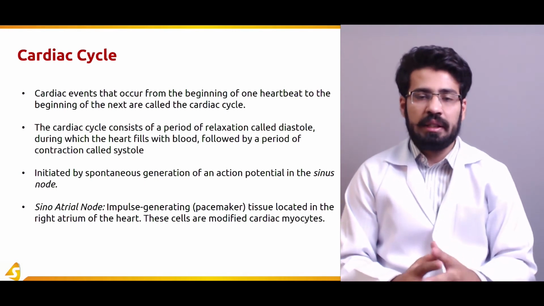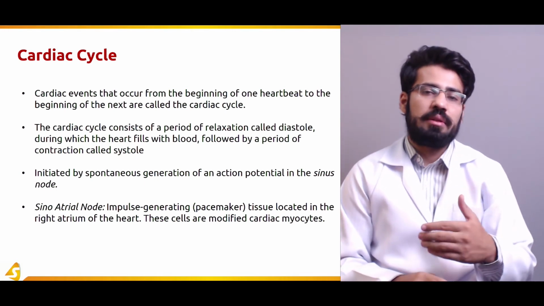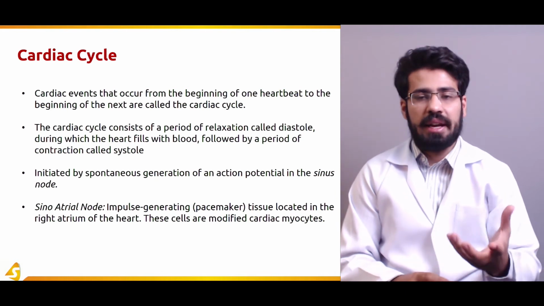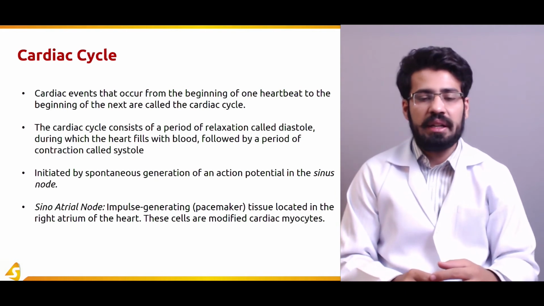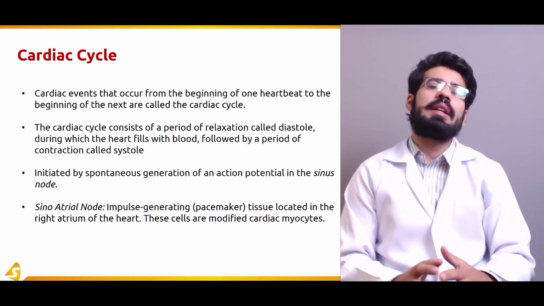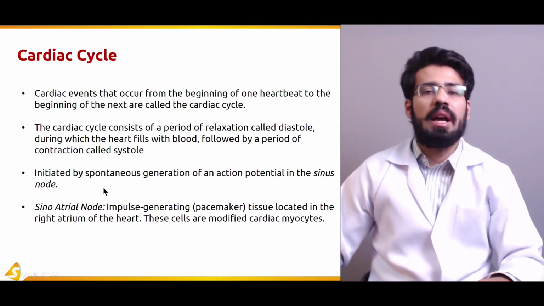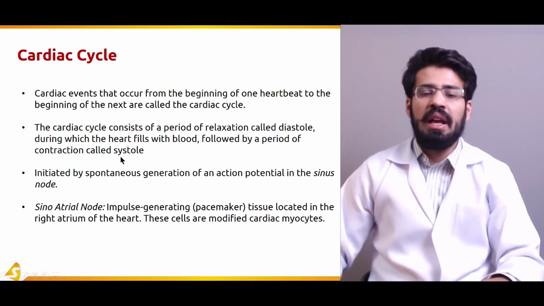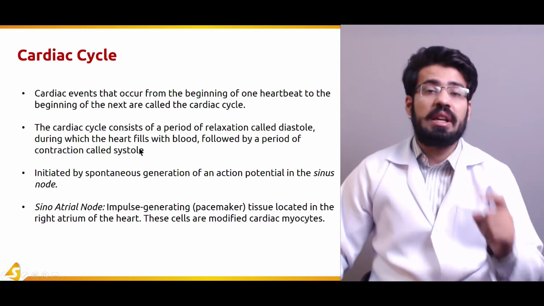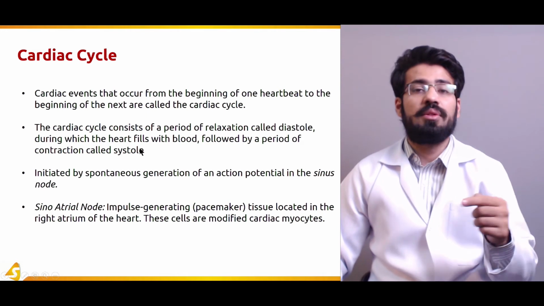In the diastole, the atria and the ventricles have already been filled. So in the systole, the ventricles and the atria will contract, resulting in the contractile phase that is known as the systole. I have discussed in detail how these systoles and diastoles are generated.